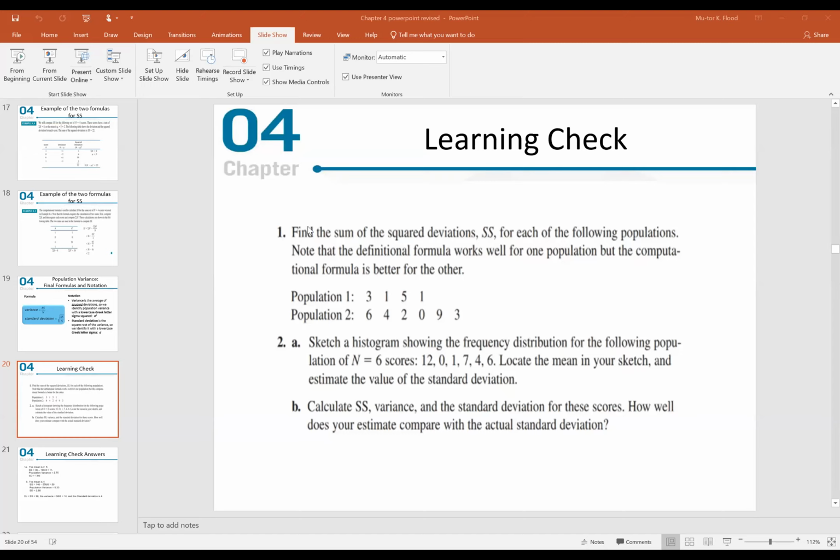So in this first question right here, it says find the sum of the squared deviations, or SS, for each of the following populations. Note that the definitional formula works well for one population, but the computational formula works better for the other.